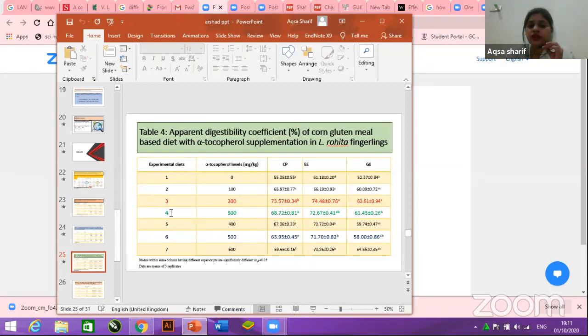And then these results were followed by the next higher treatment, the 300 alpha tocopherol. Actually, the trend here is that an increasing trend was observed till the 200 mg level of alpha tocopherol, and then a decreased level of improvement was observed in other treatments.